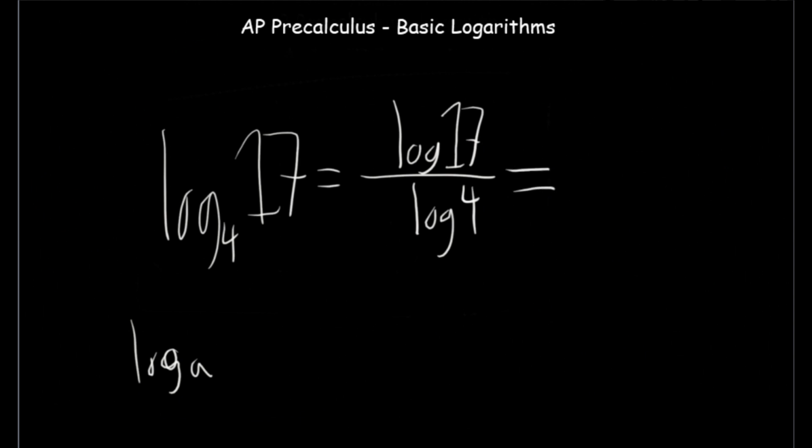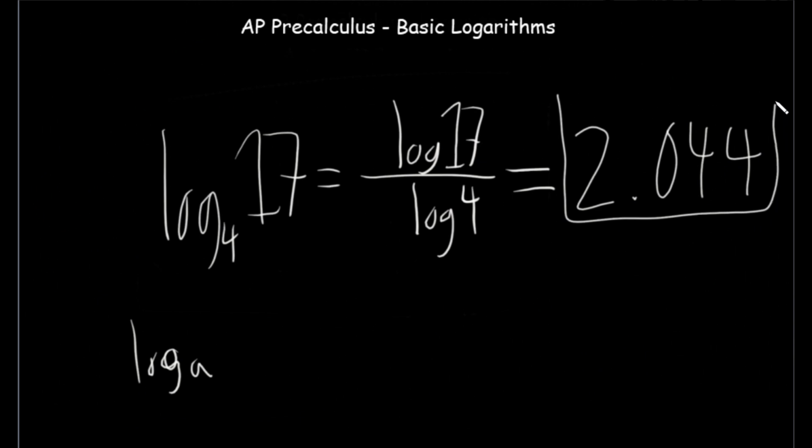Don't know why my pen is lagging so much. And then you can evaluate that on your calculator. Log 17 divided by log 4, and that will get you 2.044 if you round it to the nearest thousandth, and that would be your answer.